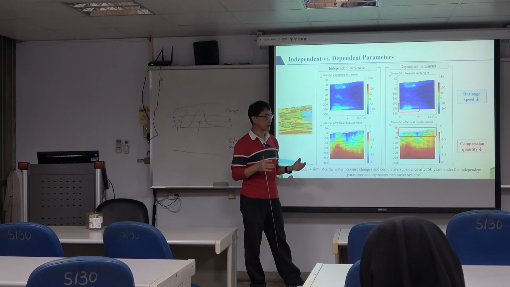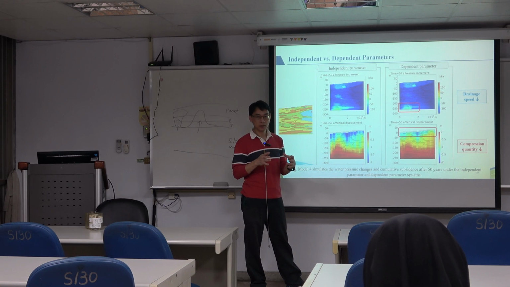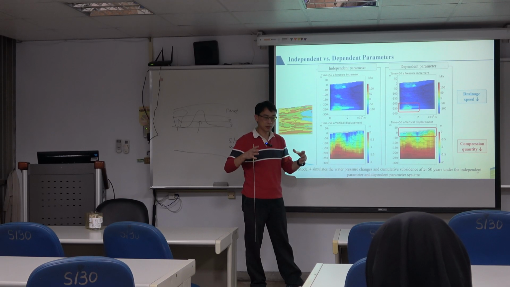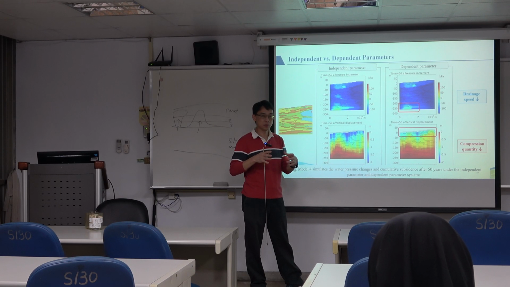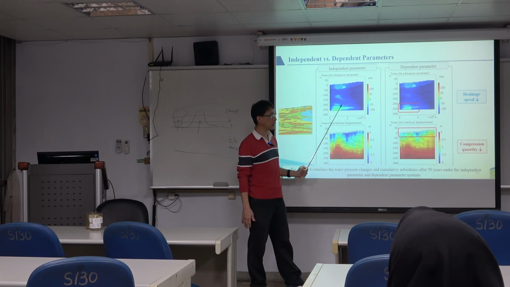Another part is that when the water stress occurred, you are compressed. That means your total matrix becomes more rigid, and more rigidity means your compression quantity will decrease. You are not able to compress largely; your compression will slow down. So these will be combined together.